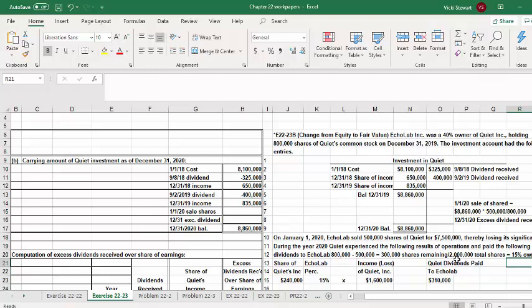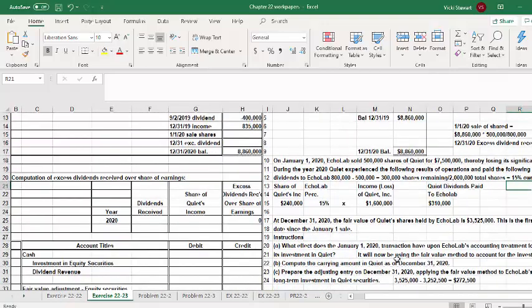Quiet has 2 million shares outstanding. We can determine that by taking the 800,000 shares divided by the 40% ownership. So 300,000 shares divided by 2 million is 15%.